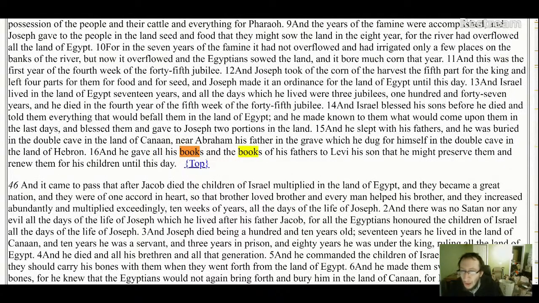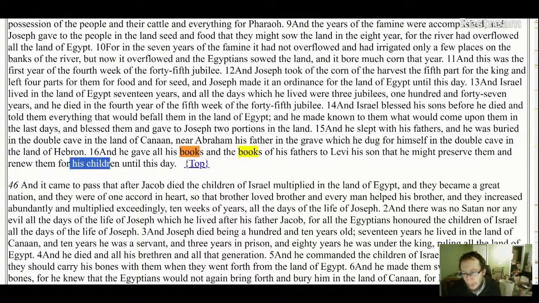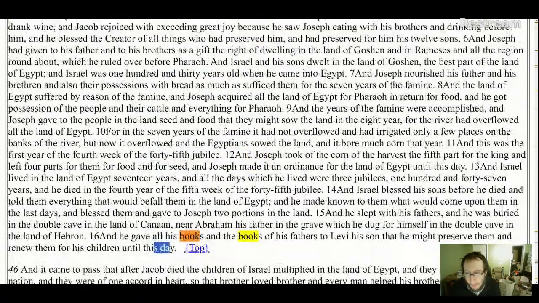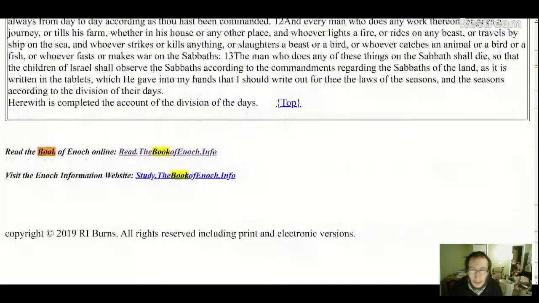Then we have Jacob. It says he gave all his books and the books of his fathers to Levi his son, that he might preserve them and renew them for his children unto this day. And it also says Abraham wrote books too. It said that earlier as well.